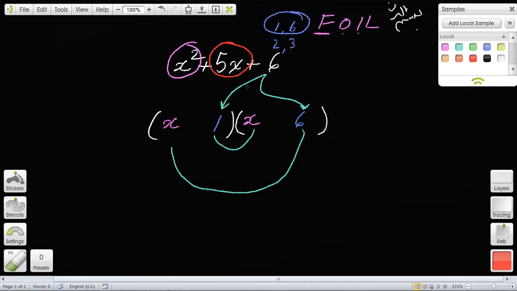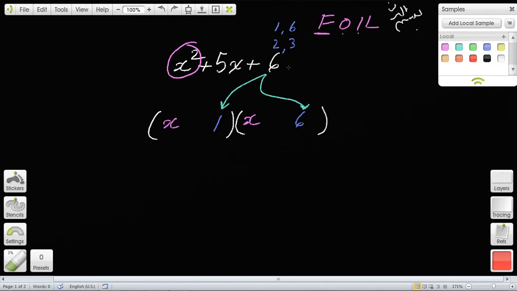Okay, so once you select the potential candidates, you have to understand that when you multiply these out, it has to give you 5. Now, when you multiply this out, you get 6x. When you multiply this out, you get 1x, okay?